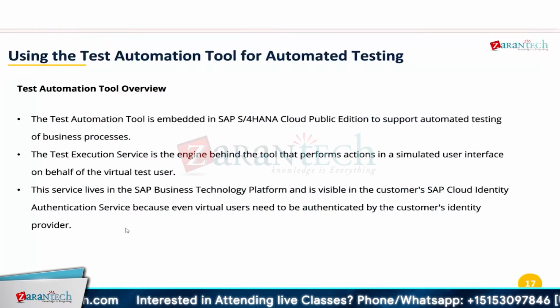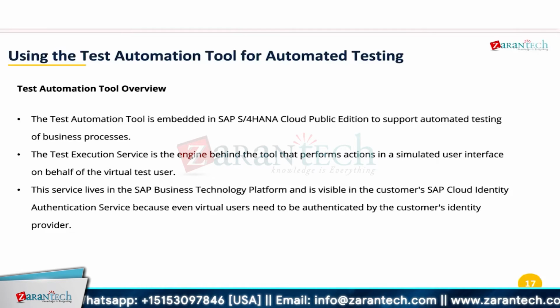This service lives in the SAP Business Technology Platform and is visible in the customer's cloud identity authentication service, because even virtual users need to be authenticated by customer's identity provider.